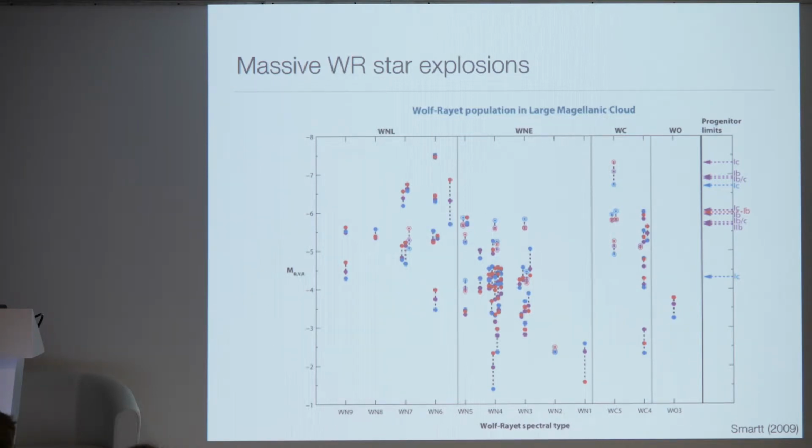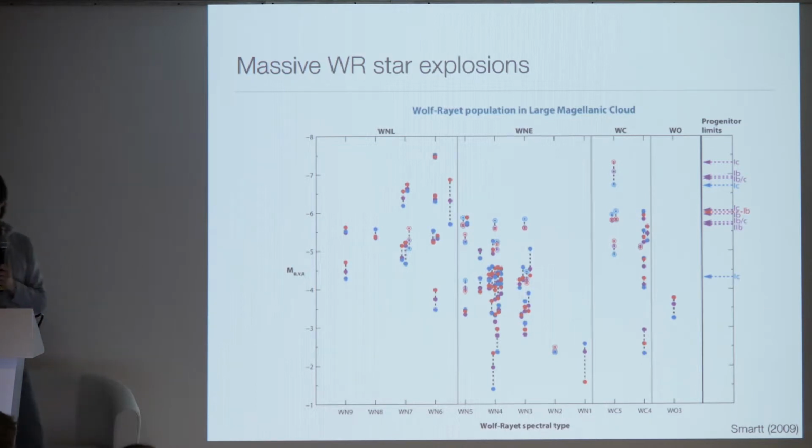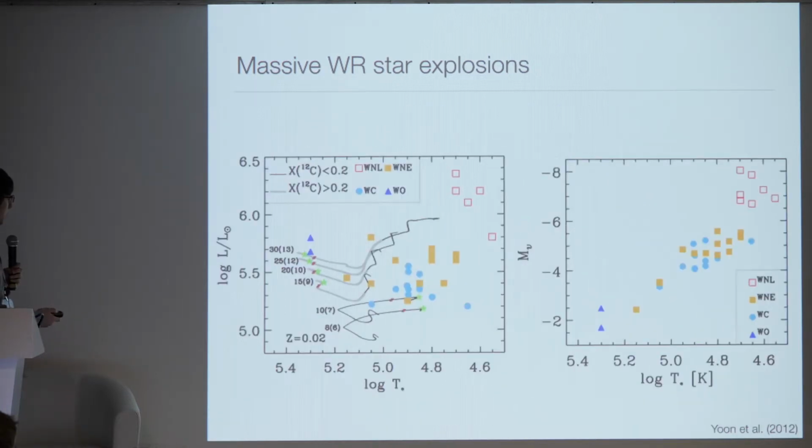So binary star evolution is really important, and it may explain a large fraction of supernovae from Wolf-Rayet stars, but still the single star evolution, that is wind mass loss, should be playing some role, and we shouldn't throw away this single star idea.